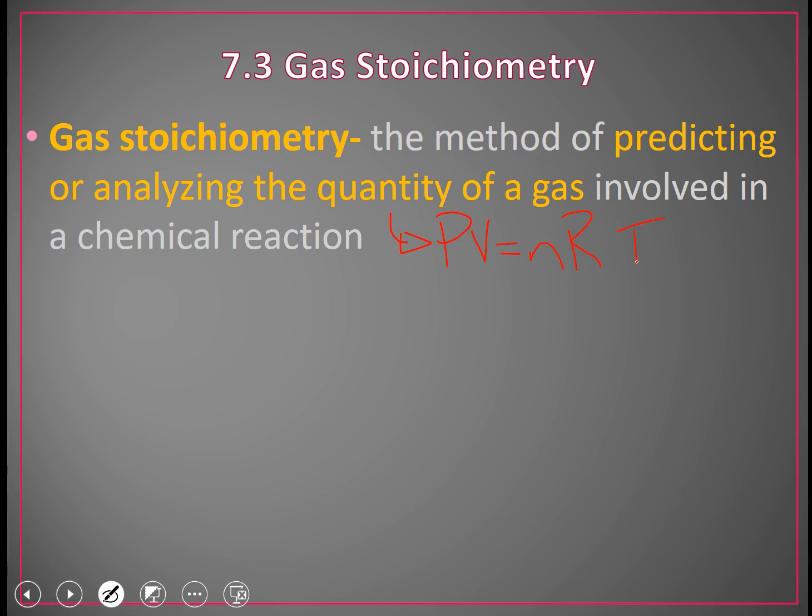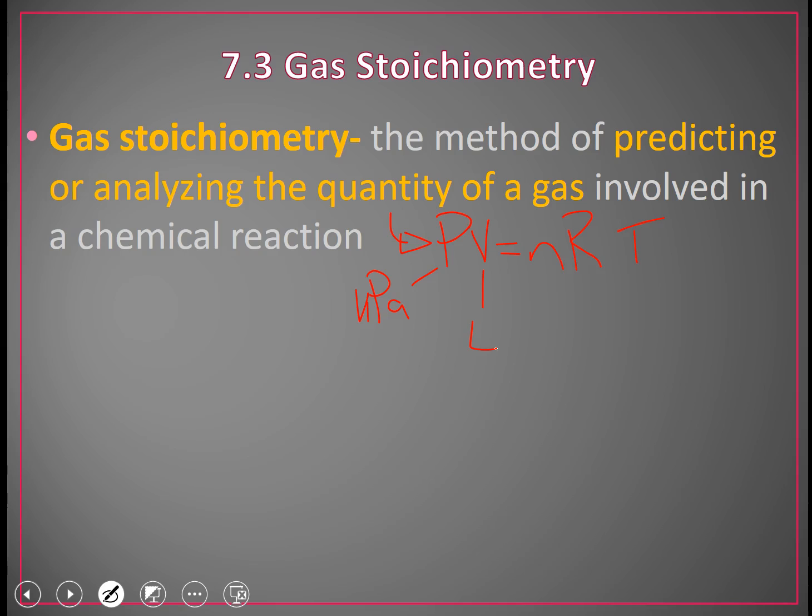We have to go back and remember everything from the gas law unit in order to do our stoichiometric calculations that involve gases. PV equals nRT is the ideal gas law. In order to use the ideal gas law, pressure has to be in what unit? Kilopascals, right? The volume has to be in liters.